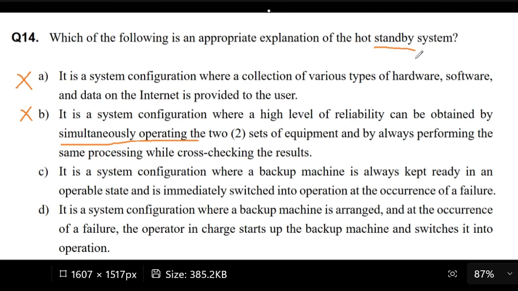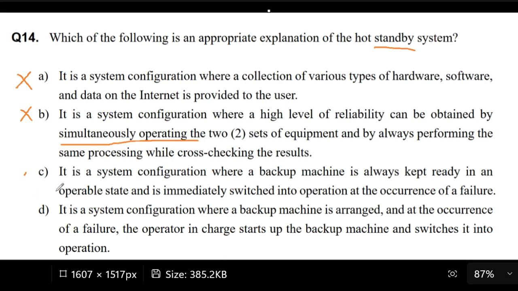Okay, so if we move on to the next choice, which is letter C, it's saying that the system configuration where a backup machine is always kept ready in an operable state and is immediately switched into operation at the occurrence of a failure. This one I think sounds okay, so we'll just put a mark here first, and then maybe after we've seen the rest of the choices, which is actually in this case only letter D, we can finally decide which one is the correct answer.